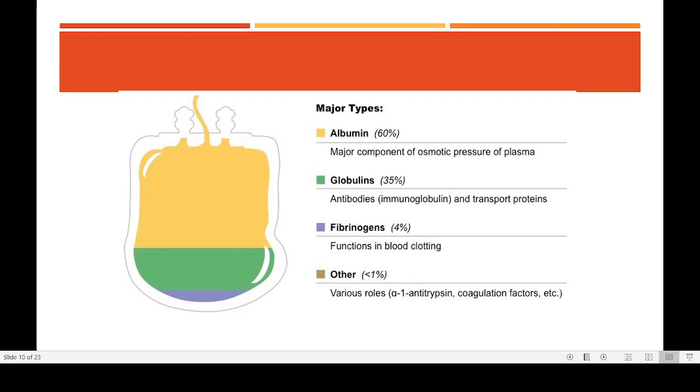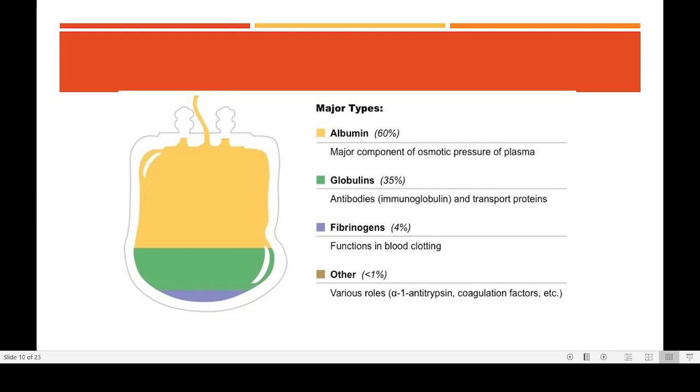Then fibrinogen is present. And other types of proteins are also there. If you look at that, the major portion of plasma protein is actually formed of albumin, 60% of the plasma protein. So it's a major component of osmotic pressure.